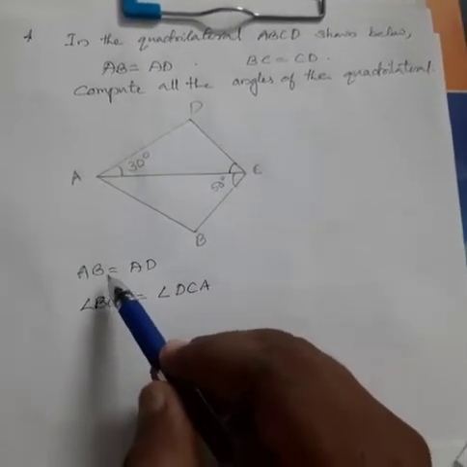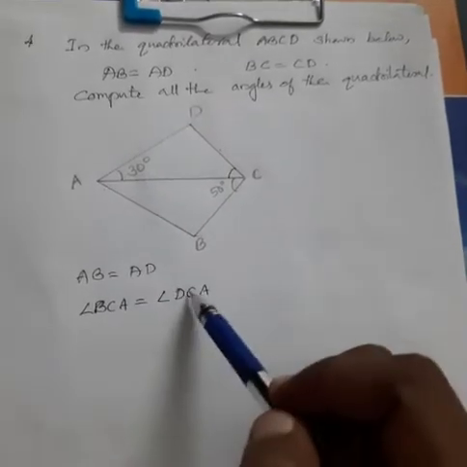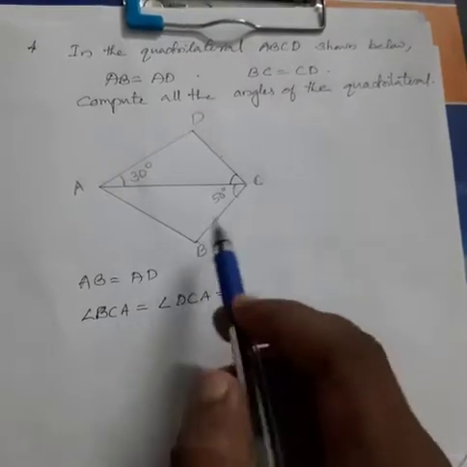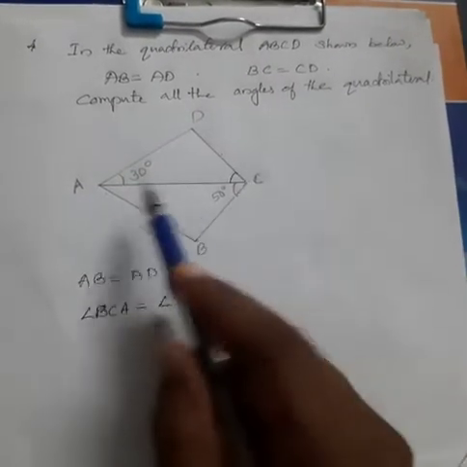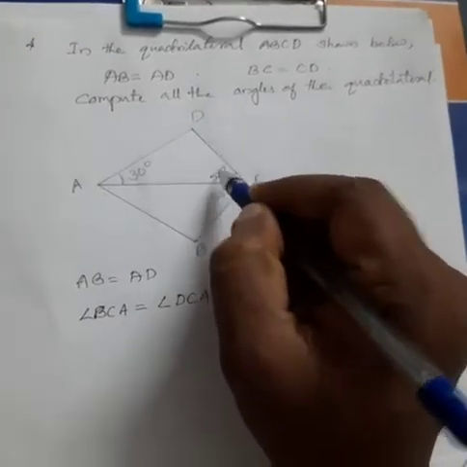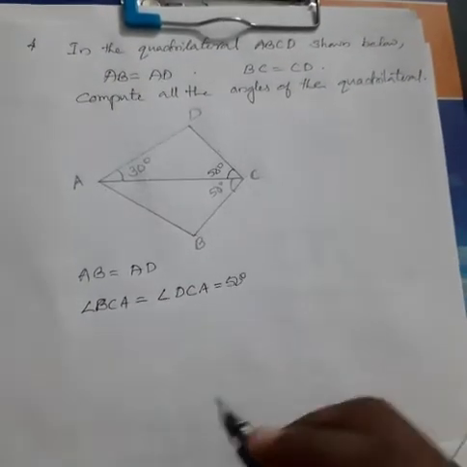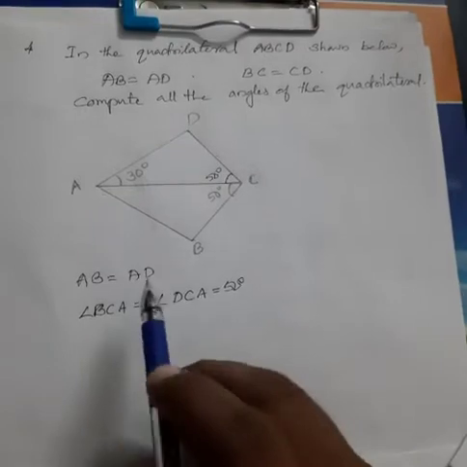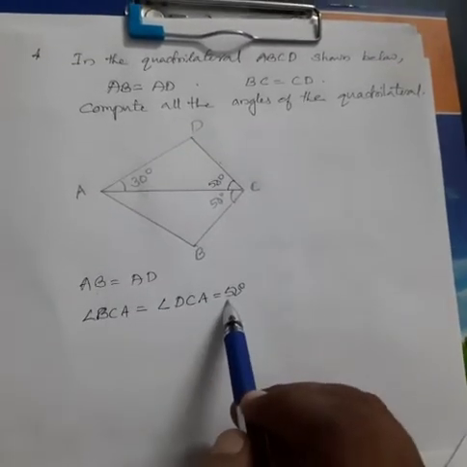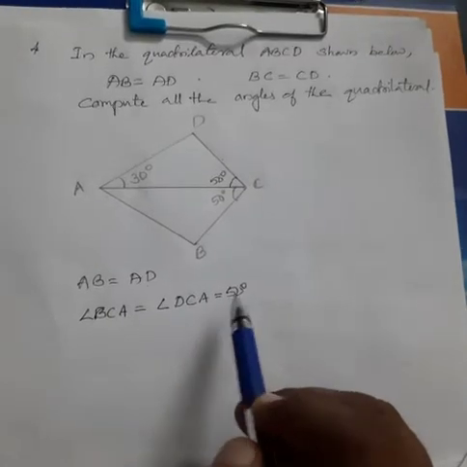Using the first equal sides, we can find out two angles. One is here, one is here. Angle BCA is 50, given. So this is also 50 degree. Opposite of the equal sides, the angles are also equal.